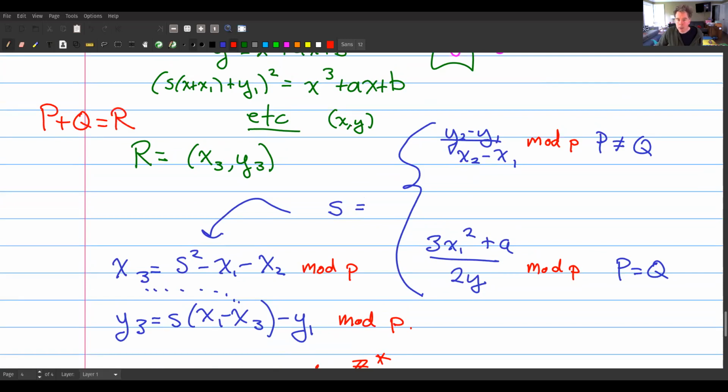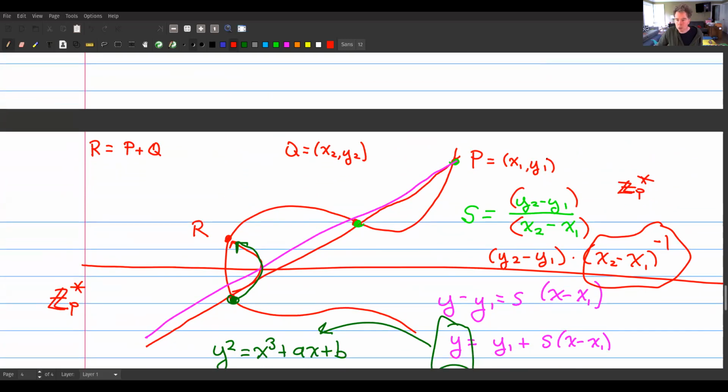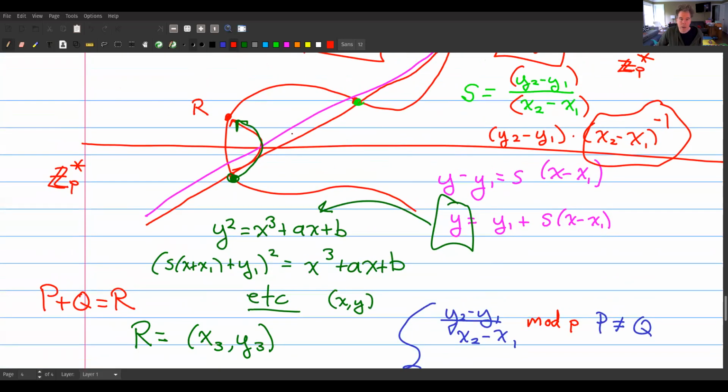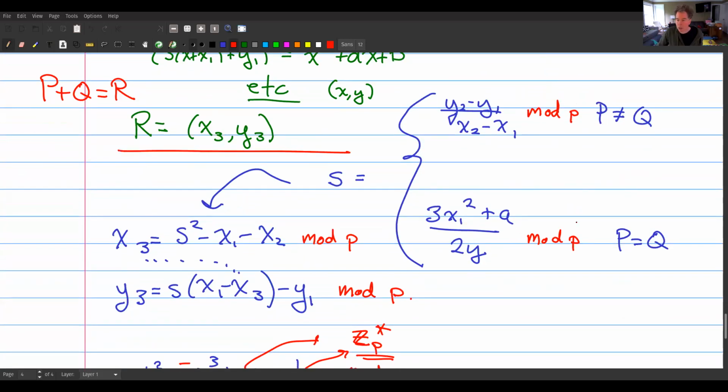And I can just do that by transforming the coordinates of p and q. So here are the coordinates of p in the discrete group. Here are the coordinates of q. And I do a transformation on those points to produce the coordinates for r. R is (x3, y3). And now I have an algorithm for making them come out. So here's r equals (x3, y3).